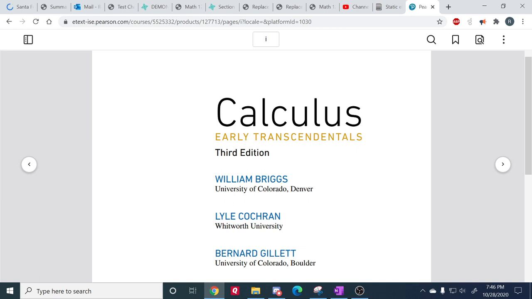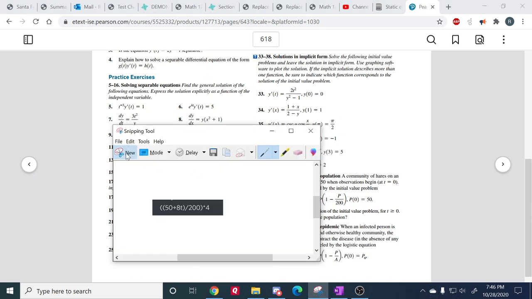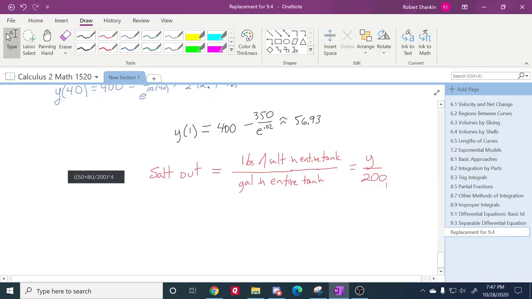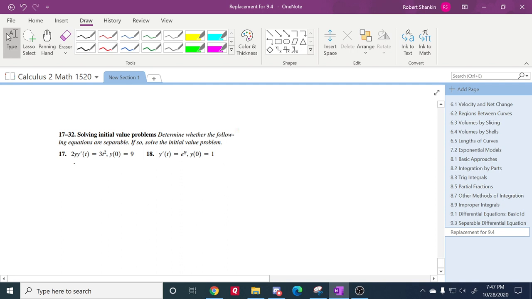This is page 618, number 18. We'll see if it's separable or not.